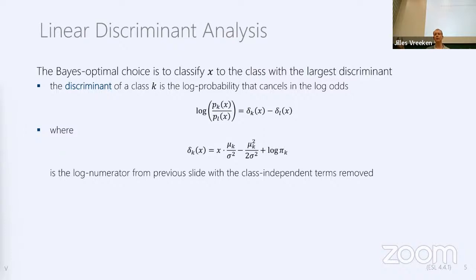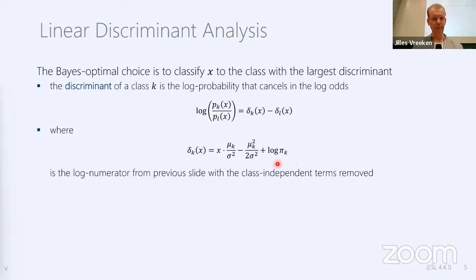If both classes don't like the point equally much, it's a toss-up. If one says, I don't really like it, but it's okay, then that's going to be the class with the highest discriminant. So essentially, we look at every pair, and we look at the largest discriminant. That's what we're going to be doing.